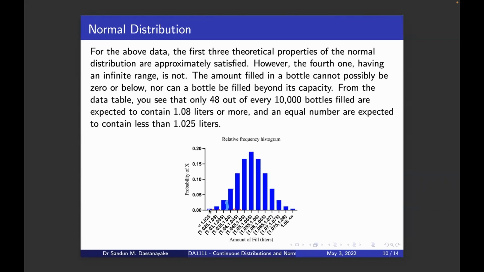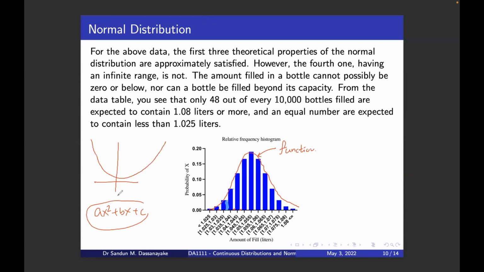Now when I draw the normal curve on top of this, sorry for that tremble, this particular curve should have a function, right? So if you go back to your O-level maths, you know that if you talk about ax squared plus bx plus c, this quadratic function, for any given quadratic function the curve would look like this, right?